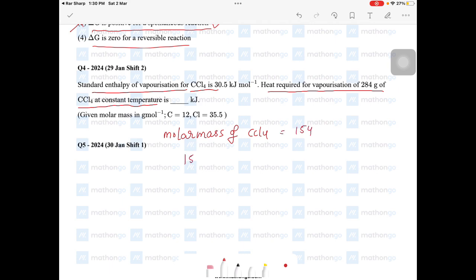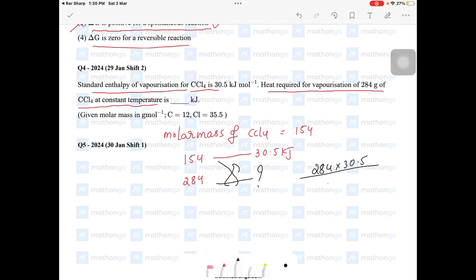To vaporize 154 grams of CCl4, 30.5 kilojoules heat is required. To vaporize 284, how much is required? Do cross multiplication. So now 284 into 30.5 divided by 154 is equal to 56.24 kilojoules of heat required.